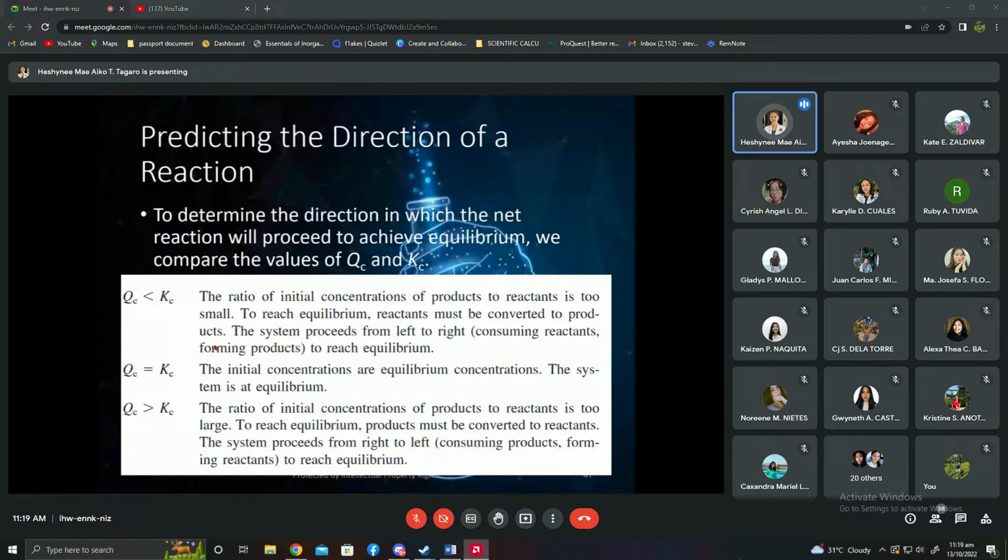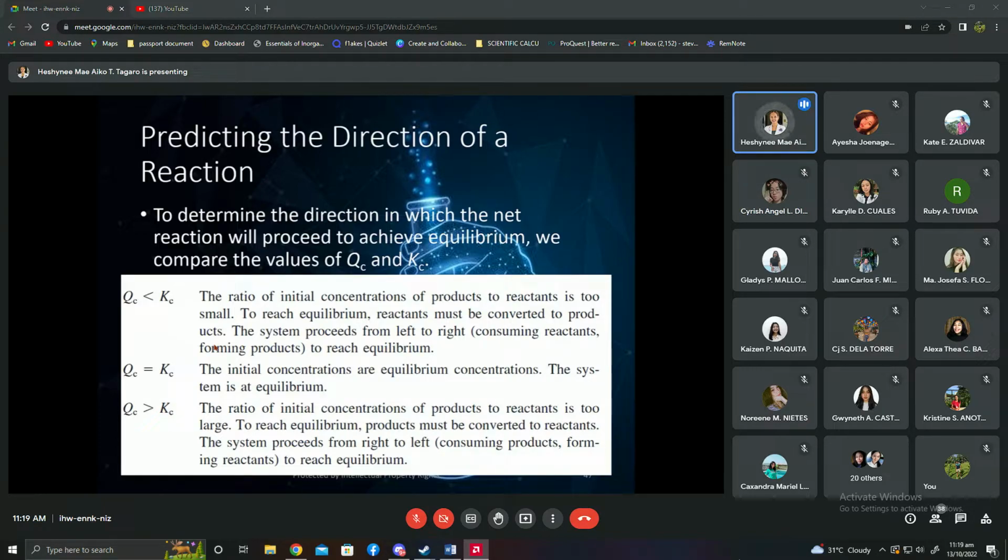So, if the concentration of the products is low, we want it to increase. So the reactants need to be converted to products, right? So the reactants need to be consumed to form the products.